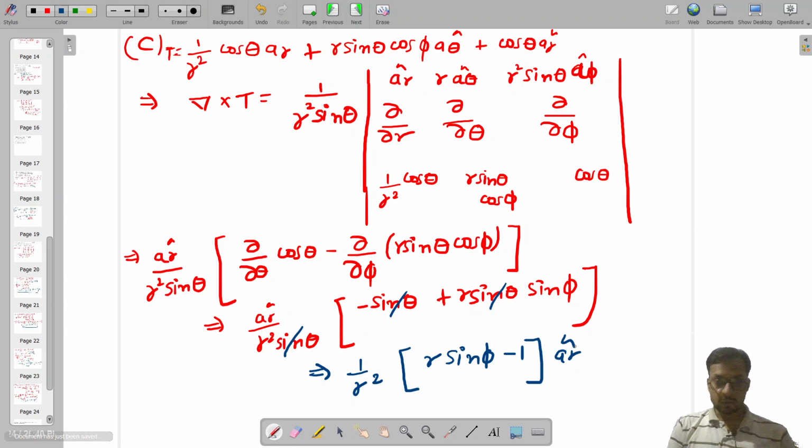So this is the first equation of the spherical one. We have evaluated the a r term.